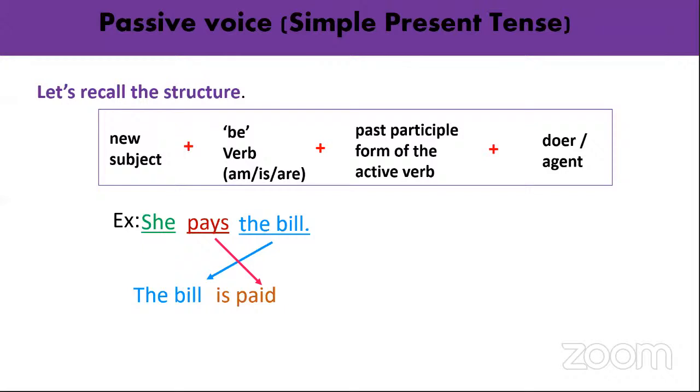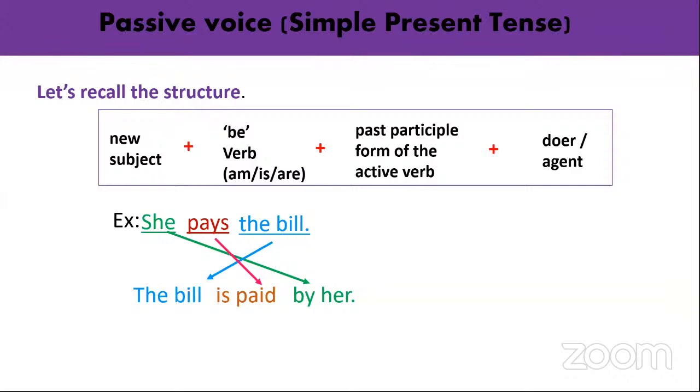I think you can remember it. You can use it as a by phrase at the end of the sentence after the passive verb. So you have to write by her. You can notice the subject pronoun becomes the object pronoun.